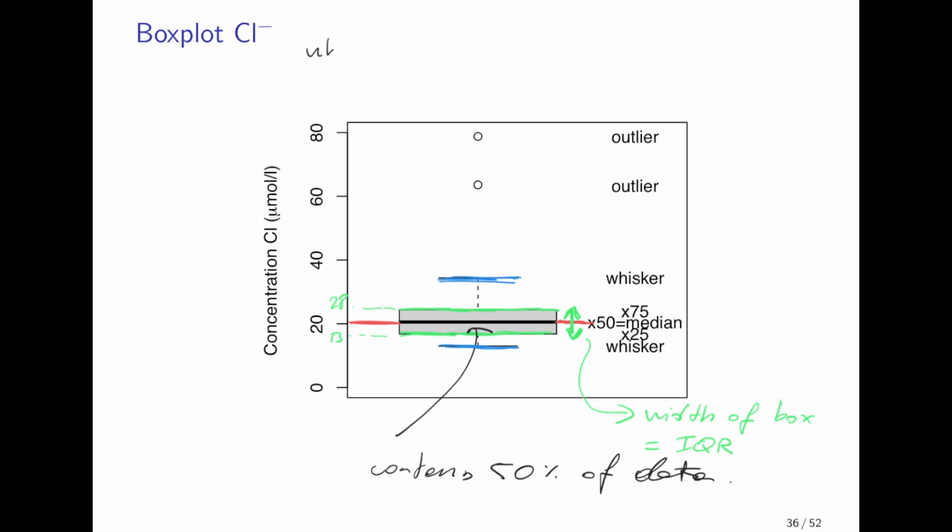So the top whisker, let's start with that one, is 1.5 times the interquartile range, or the maximum of the data, whichever is lower.